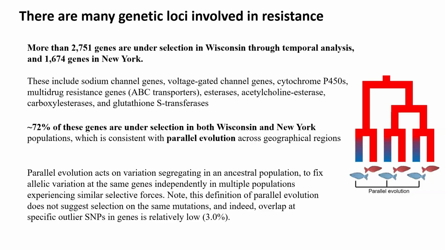Interestingly, 72% of the genes we found in those two areas, not the mutations but the genes themselves, are shared in both places. So we call this parallel evolution: common trajectories to the same set of problems that happen independently in populations because of underlying ancestral variation. This is a cool result.